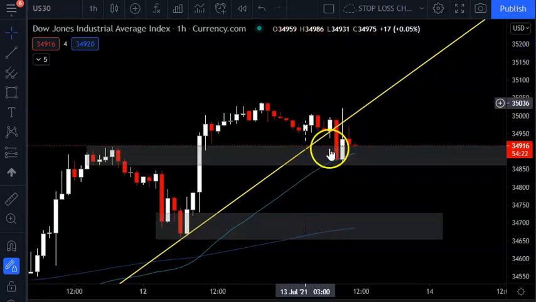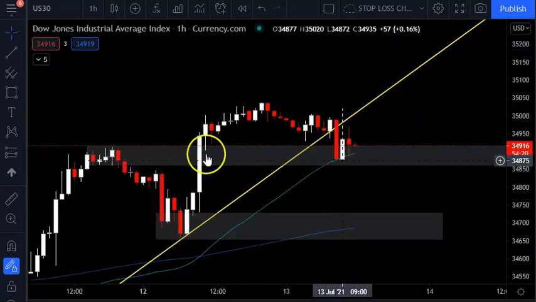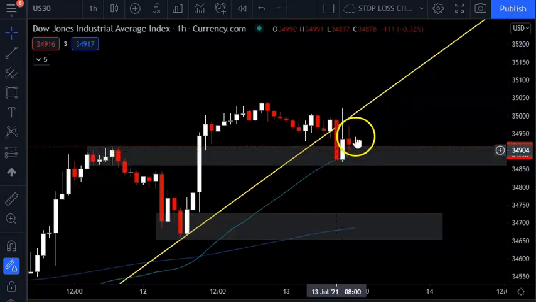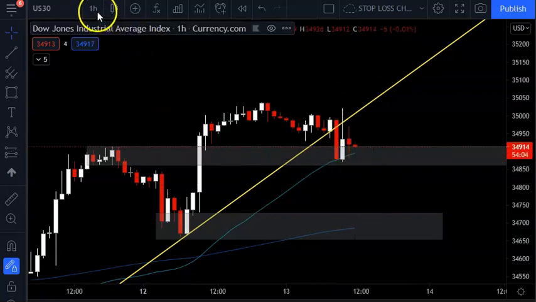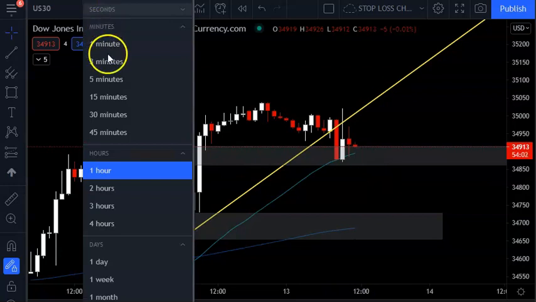As we can see here, price did move into the zone area on the 1-hour chart, and then price began to actually exhaust in this area as well. We see this candle here in this area here, and then let's go over to the 5-minute chart.